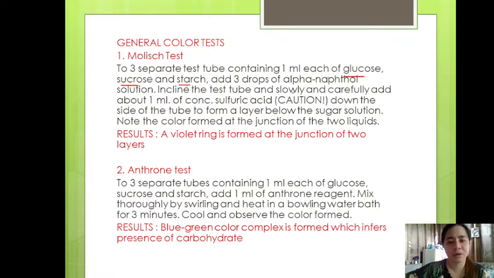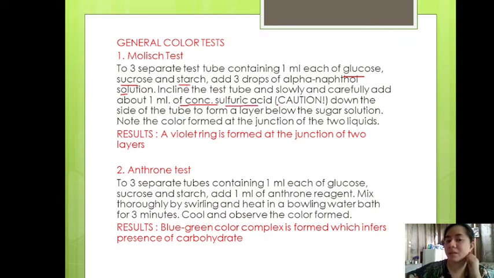Add 3 drops of alpha naphthol solution, which is a chemical. Incline the test tube and slowly and carefully add about 1 ml of concentrated sulfuric acid. So, caution, sulfuric acid.